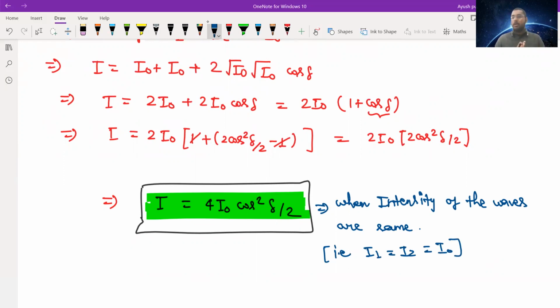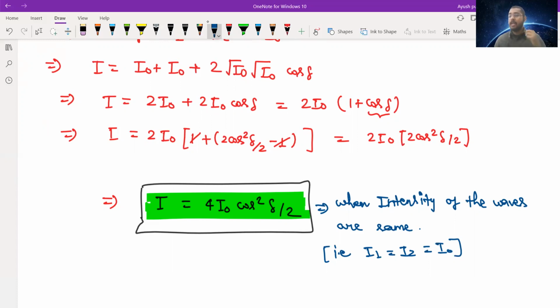Okay. So we have studied the interference, the intensity of interference, the amplitude of interference. When we achieve maximum intensity, when we achieve minimum intensity, and we have studied what will happen when the intensity of two individual waves are the same.